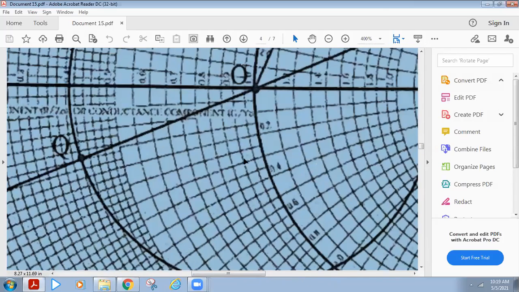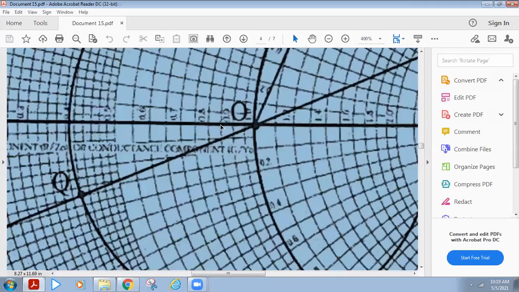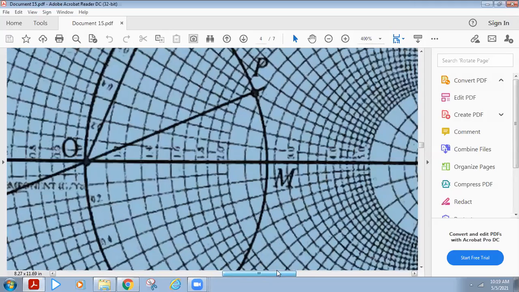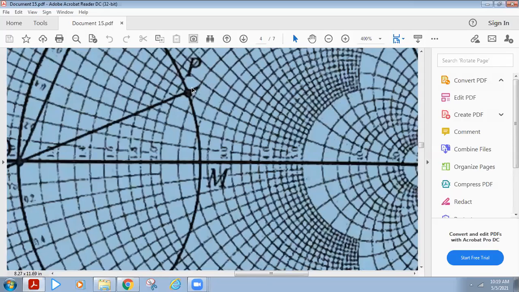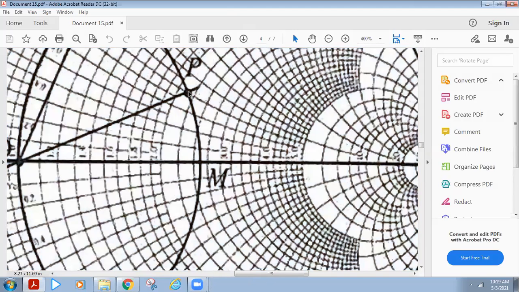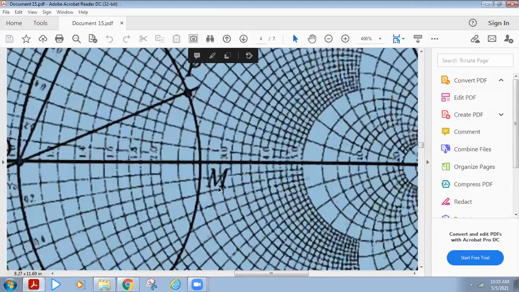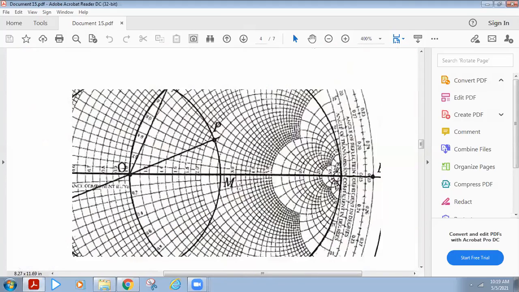This is the intersection region of the R circles and X circles, the point where reactance and resistance intersect each other. This is point P.